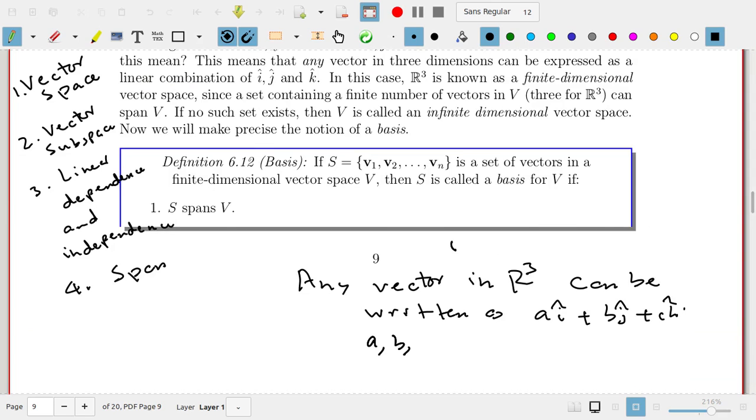So we may say that this set i hat, j hat, k hat forms a basis for R3.